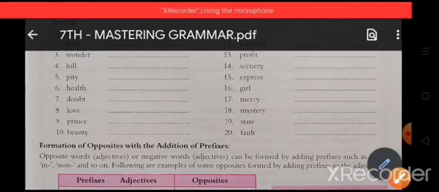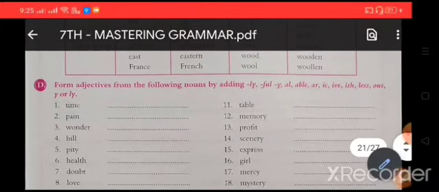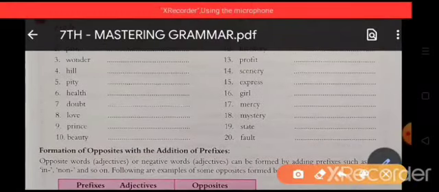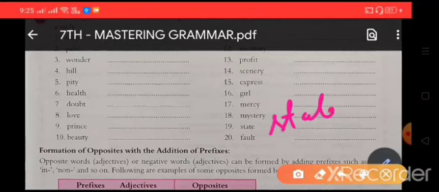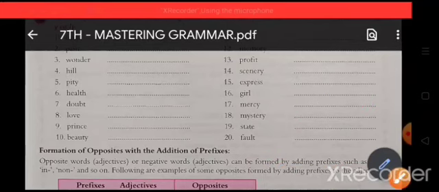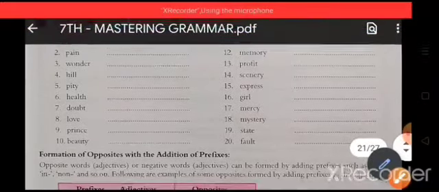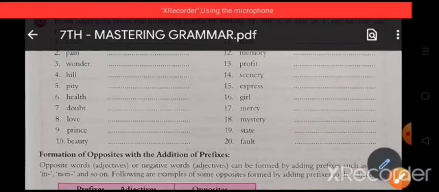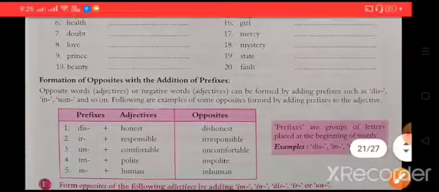State, stable. Fault, faulty. So this way we can complete this exercise.